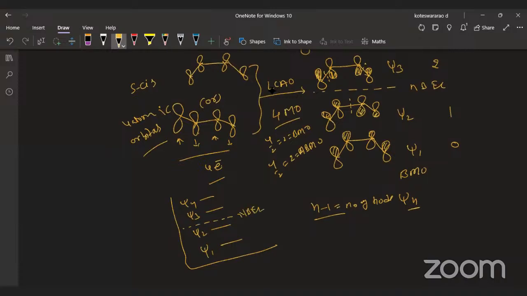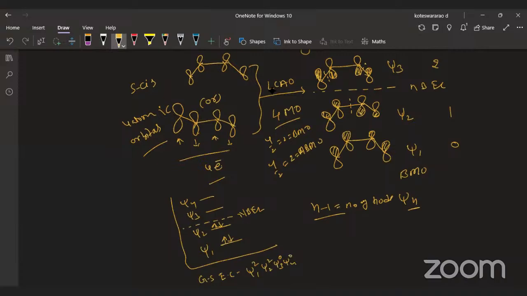The 4 electrons follow the Aufbau principle, Pauli's principle and Hund's rule. The lower energy orbitals are filled first. This is the ground state electronic configuration of 1,3-butadiene: psi1 2, psi2 2, psi3 0, psi4 0.